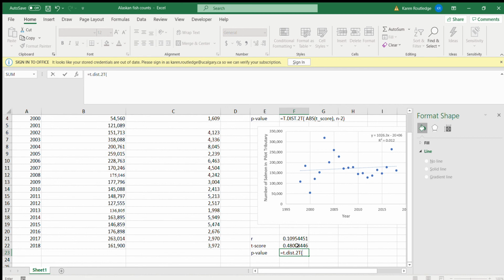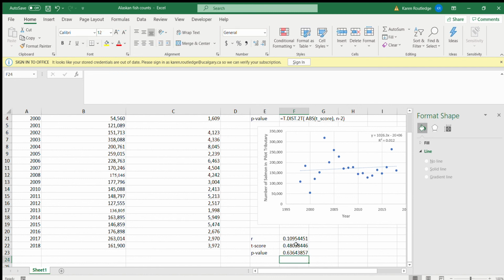Our t-score is already positive, so we don't actually have to worry about that. And we'll just enter that in. And again, n minus 2. We said there were 22 rows, so 21 data points, minus 2, because the degrees of freedom is n minus 2 for a regression, as mentioned before.